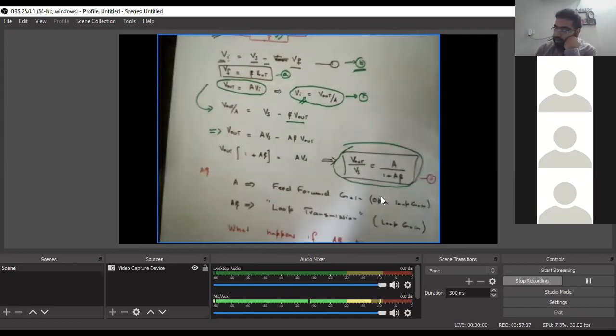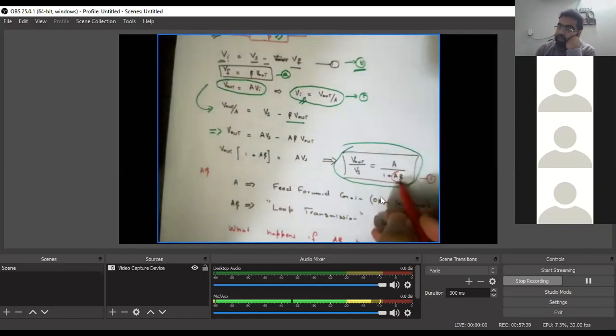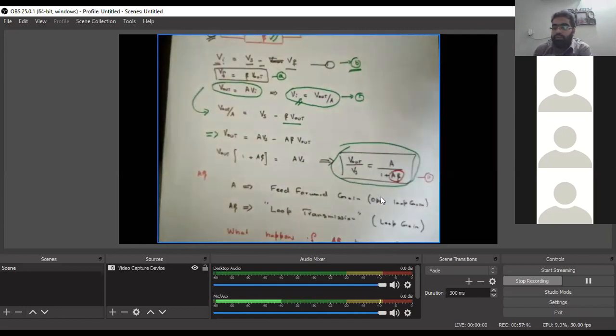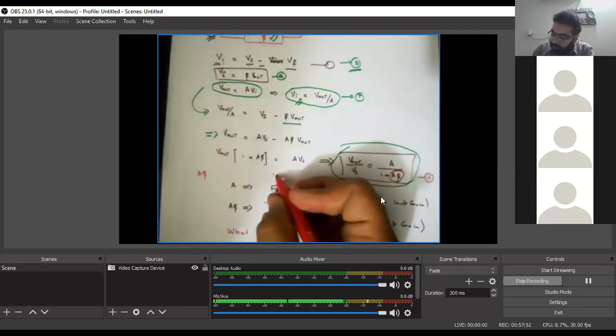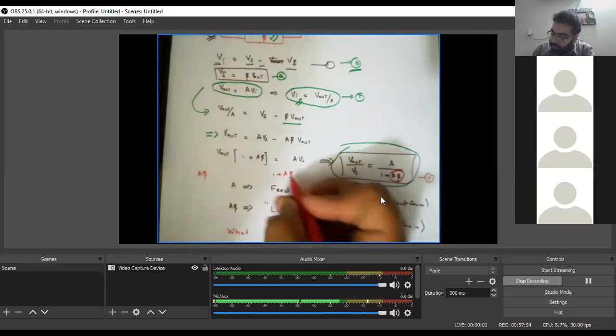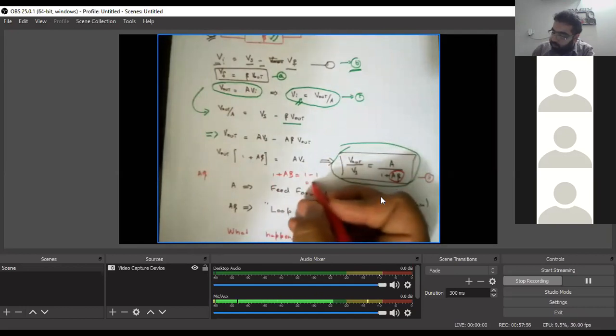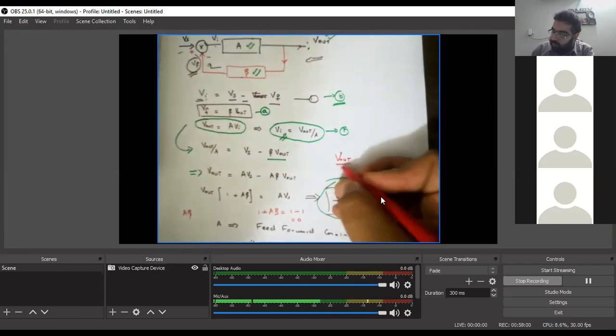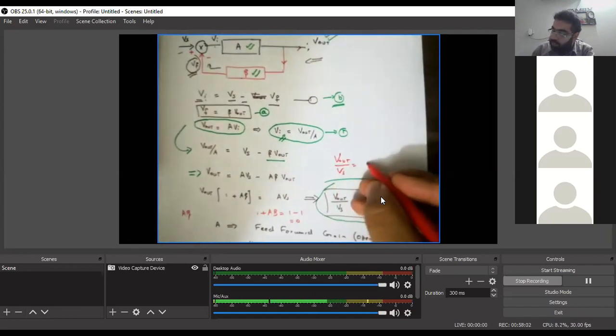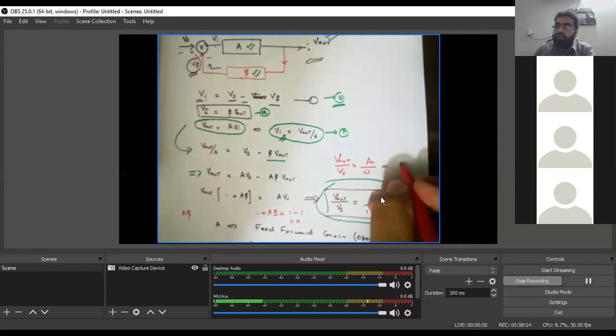If this product becomes minus 1, 1 minus 1 is going to be 0, but it is in the denominator. A by 0 is infinite. So if 1 plus A beta equals 1 minus 1 equals 0, this means Vout by Vs will be equal to A by 0, which means infinite.